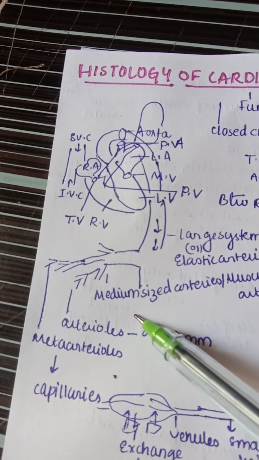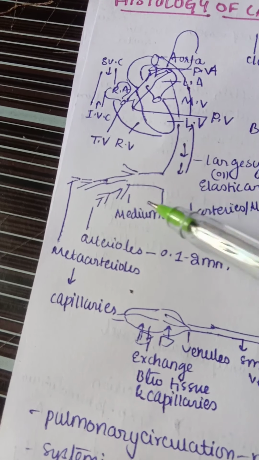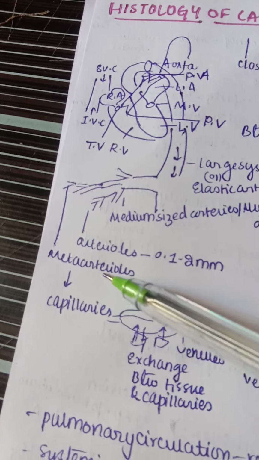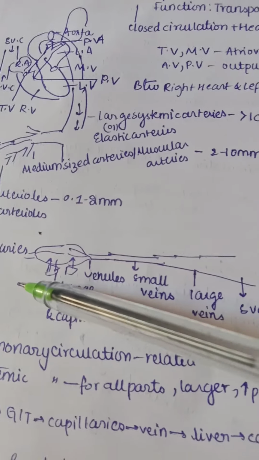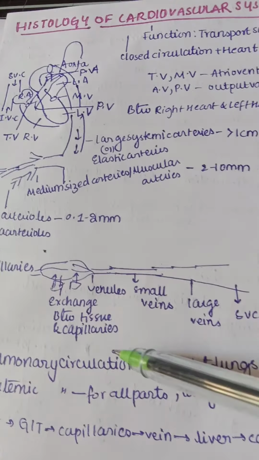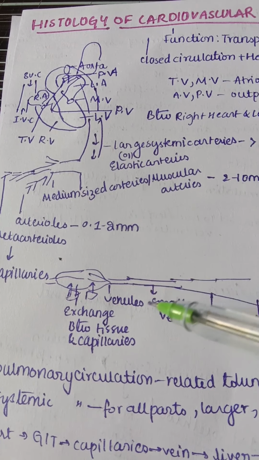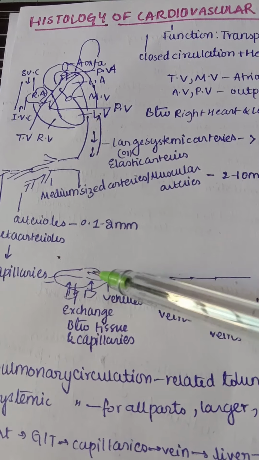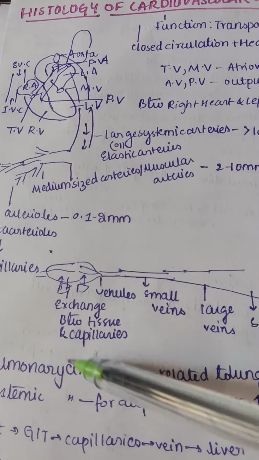And next we have our metarterioles. So from medium size arteries to arterioles to metarterioles, and metarterioles form capillaries, and capillaries further enter into the venous system. That is the exchange between the blood and tissues. First in the capillaries, there is exchange going on between the tissues and capillaries.